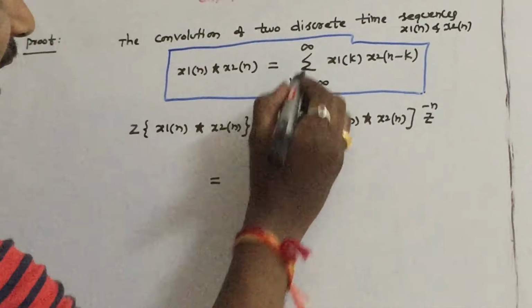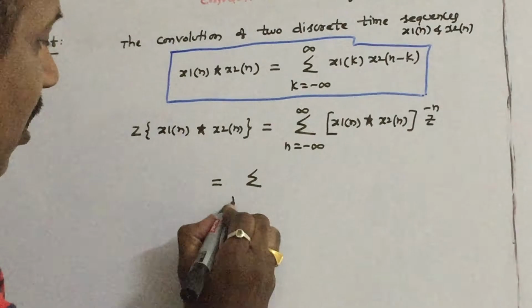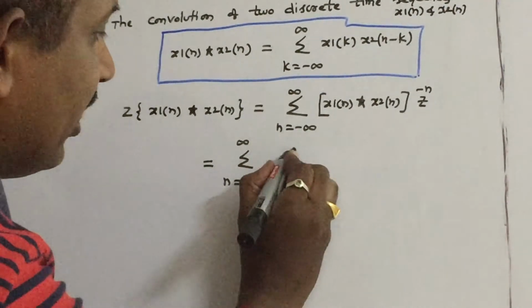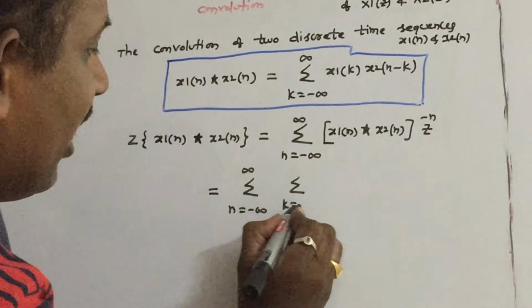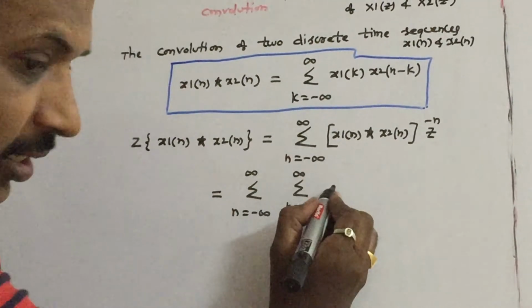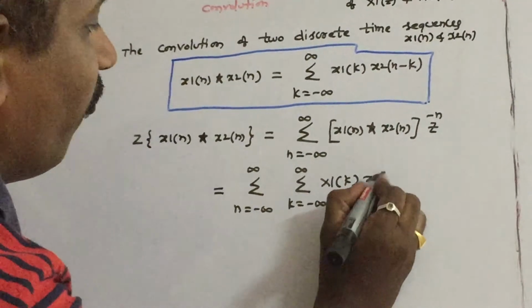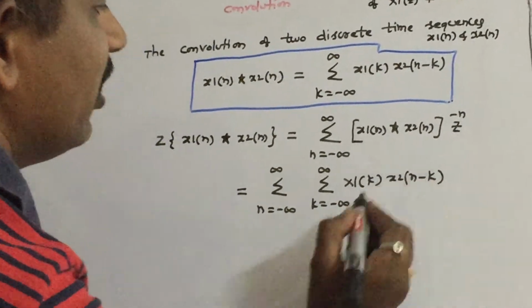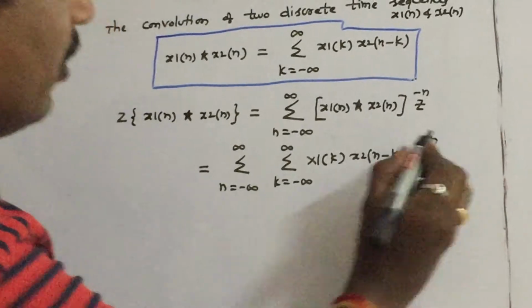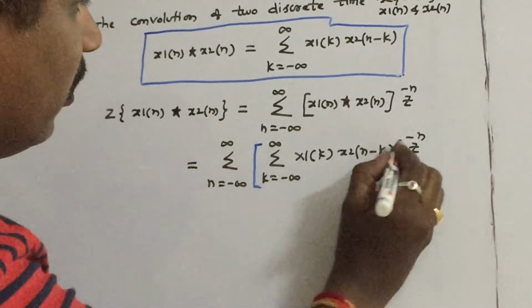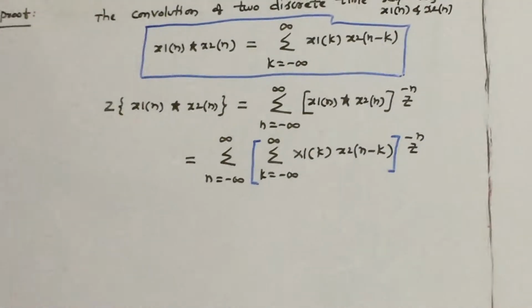Let us substitute the convolution definition of two sequences, which is defined as summation k equal to minus infinity to infinity x1 of k into x2 of n minus k.